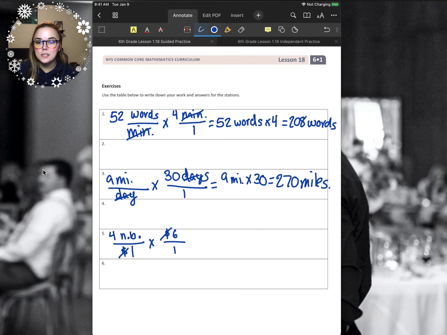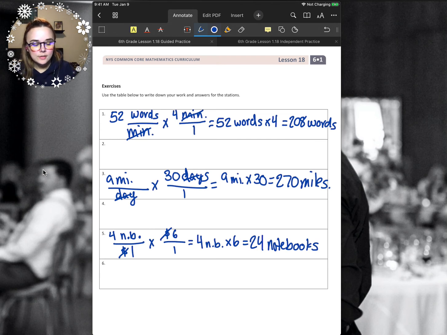So now it becomes these 2 fractions over 1. So I end up having 4 notebooks times 6. I can multiply 4 times 6 and I get 24 notebooks. So if she has $6, she can buy 24 notebooks total.